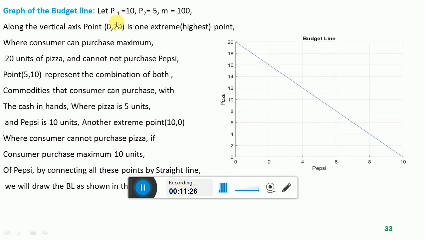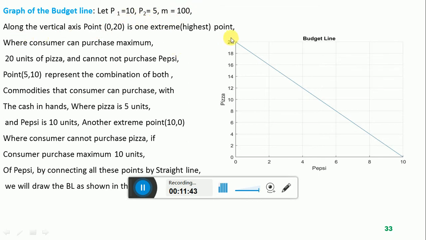Using these prices and this income of 100 Afghani, suppose we have 3 different combinations that the consumer can purchase with the available money and these prices.